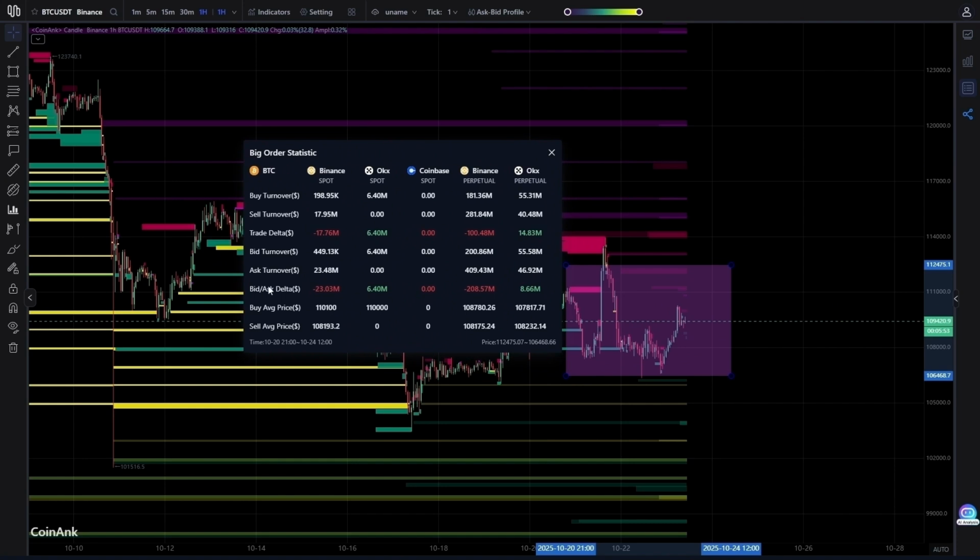Now, what's important to look at is this bid-ask delta, minus 208 million, meaning in this range of 112,400 to 106,400, there are $208 million worth more sell orders in the chart than there are buy orders. Keep in mind, these are limit orders. Limit orders decide the direction, market orders make the move. So in this local range, we could expect price to slowly move up.